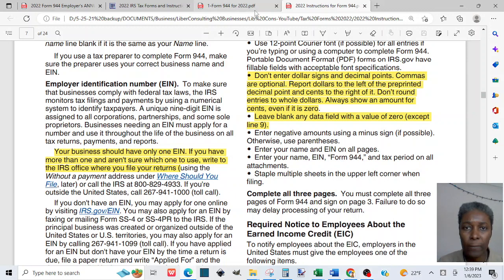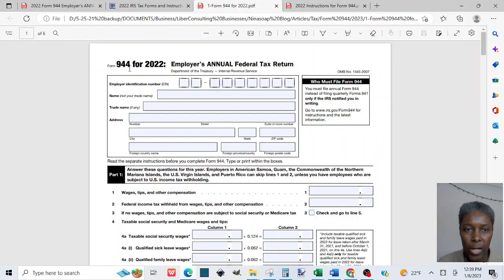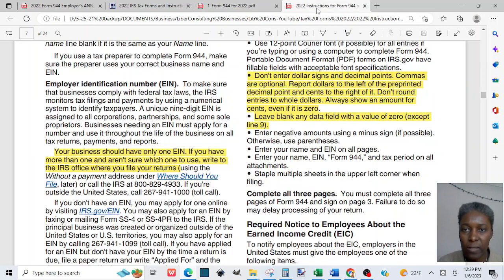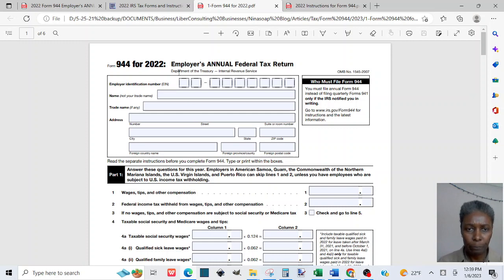So now we have the Form 944 for 2022 that we are going to fill out. We have the instructions that we can reference. And let's get started. So, how to fill out Form 944?